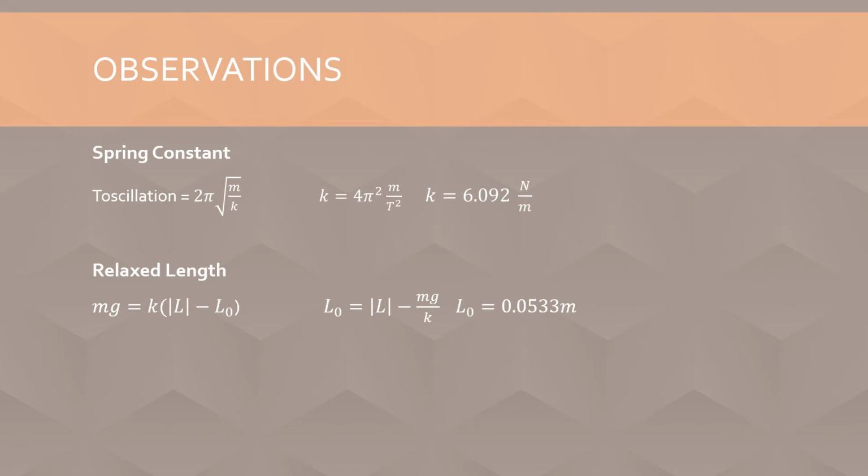Because we have all of the other values, we isolated the spring constant, and plugging in the values we already had, we obtained the spring constant as 6.092 newtons per meter. Also, for the relaxed length, we set our force due to gravity and our force due to the spring equal to each other, and isolating the relaxed length, we obtained a value of 0.0533 meters.